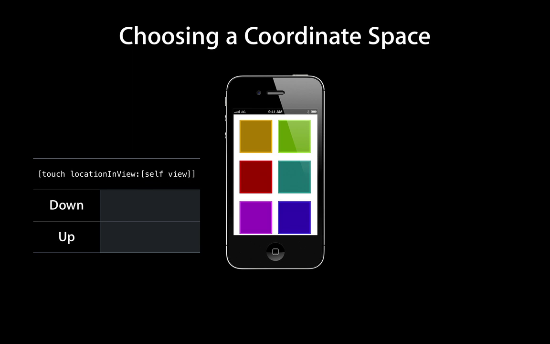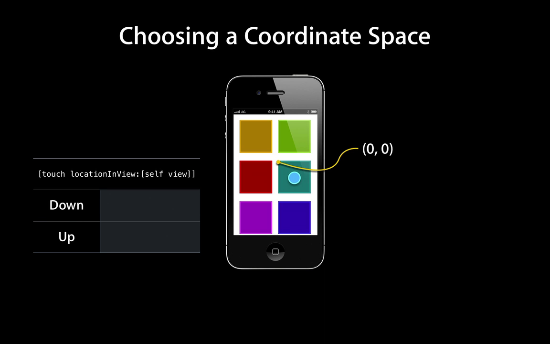Let's say that we're going to use the view's coordinate system to consider whether the user has tapped or not. We'll define a tap as the user's put his finger down and then lifted it in mostly the same place. So if the user puts his finger down here, remember we're considering the location of that touch in the view's coordinate system. That's the teal square.